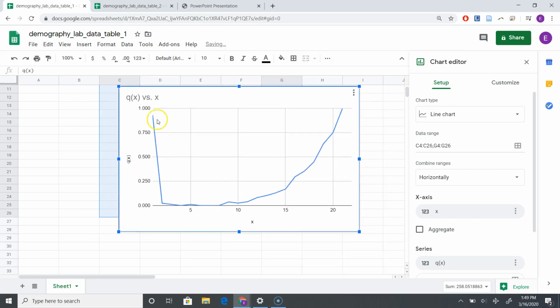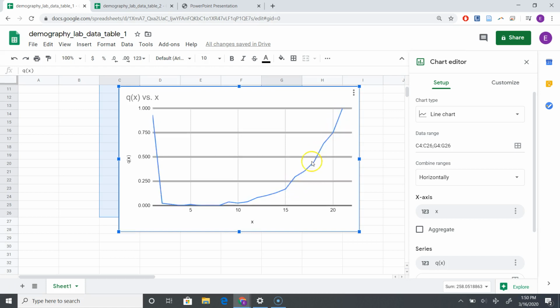So you see mortality is very high in the beginning, very high early on, and then it's quite level for a long time. And then once organisms start to reach, we'll say the 15th generation, mortality starts to increase again until obviously it gets to that 100% mark. But this is your age-specific mortality rate versus your generations.